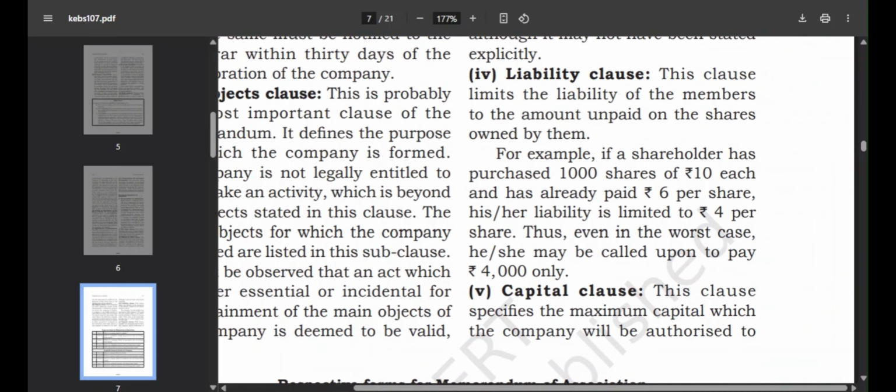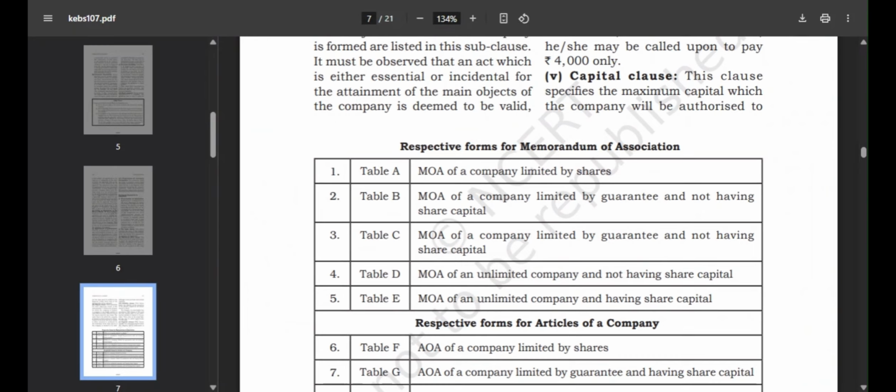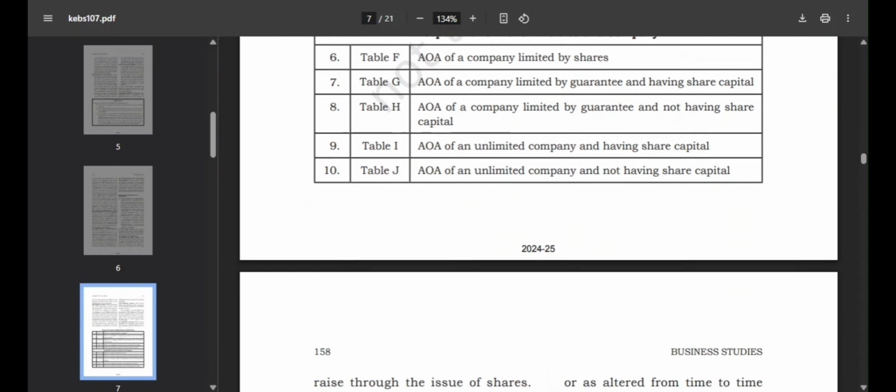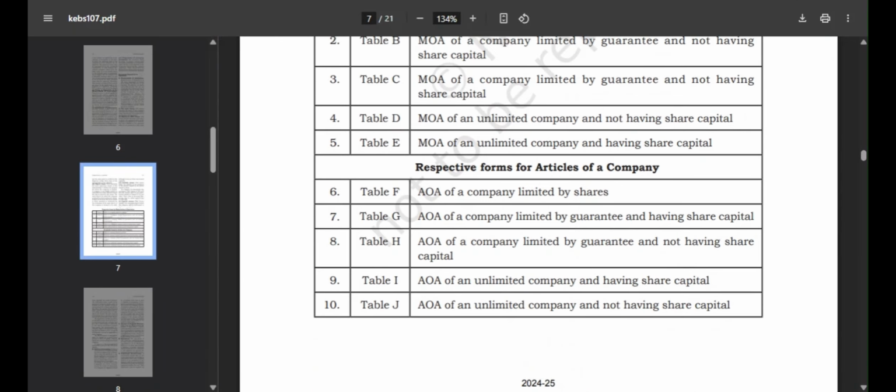Thus, even in the worst case, he or she may be called upon to pay only rupees 4,000. Then you have your last clause, that is your capital clause. This clause specifies the maximum capital which the company will be authorized to raise through the issue of shares.